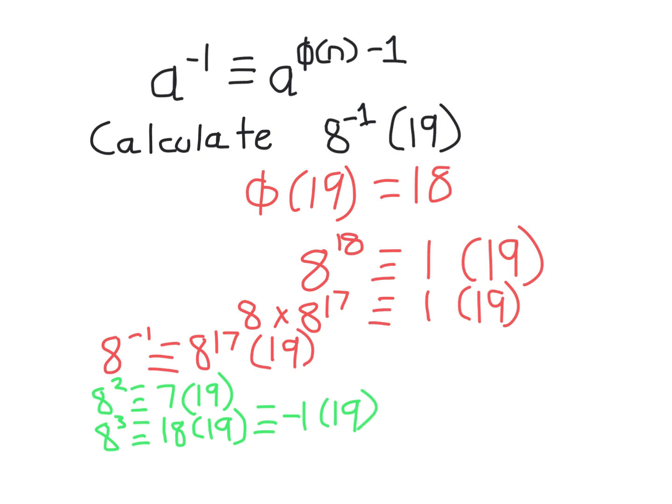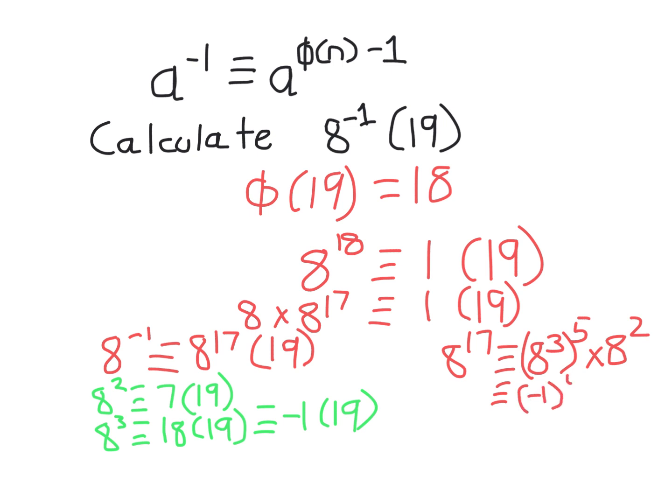So how can I use this? Well, 8 to the power of 17, I can write as 8 to the power of 3 to the power of 5, that's 8 to the power of 15, times, I need 2 more 8s. Well, 8 to the power of 3, we just figured out, is equivalent to -1 mod 19. So this is -1 to the power of 5 times 8 squared, which is 64.